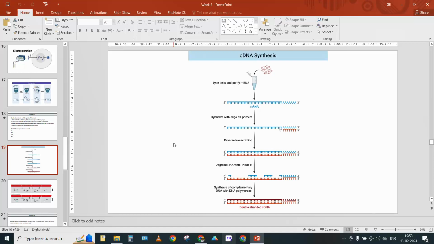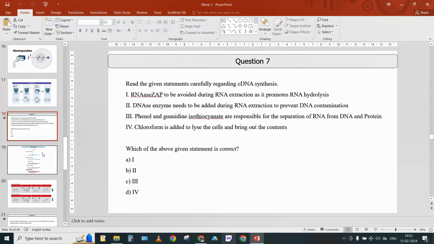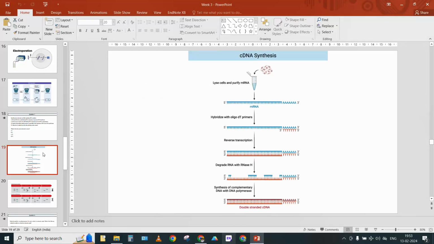So we were on question 7, cDNA synthesis. First we'll get to know what cDNA synthesis is. cDNA synthesis is a fundamental molecular biology technique used to convert RNA into cDNA.